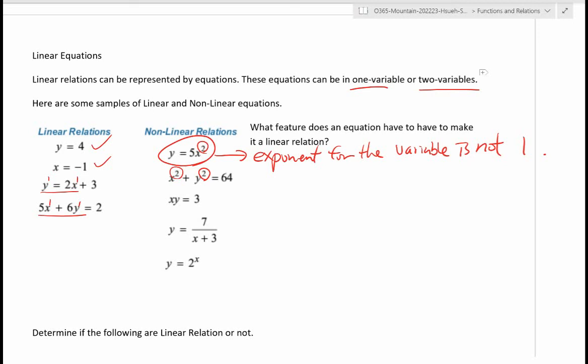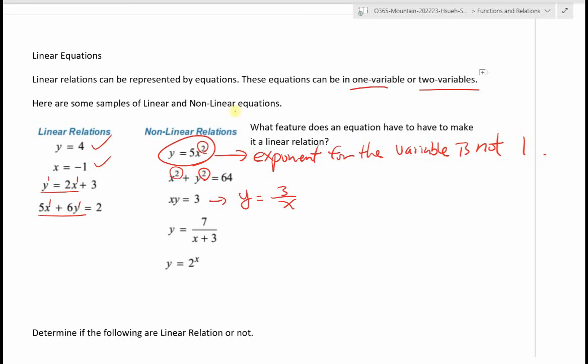Now the third one, x times y is 3. How come that one is not linear? It turns out this one is not because, if you recall, let's isolate for y. This is also the same as y equals 3 over x. And you might think, well, the exponent is still 1, right? So what's wrong with this?